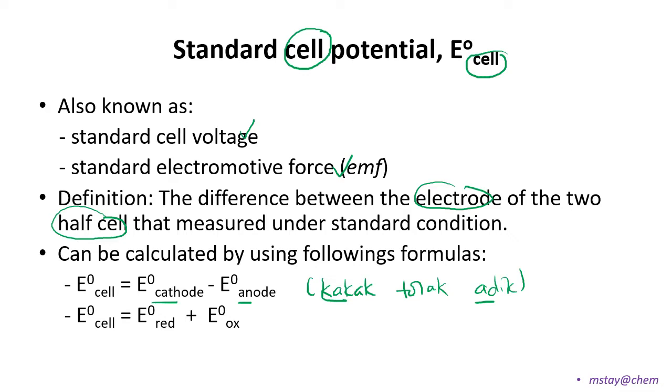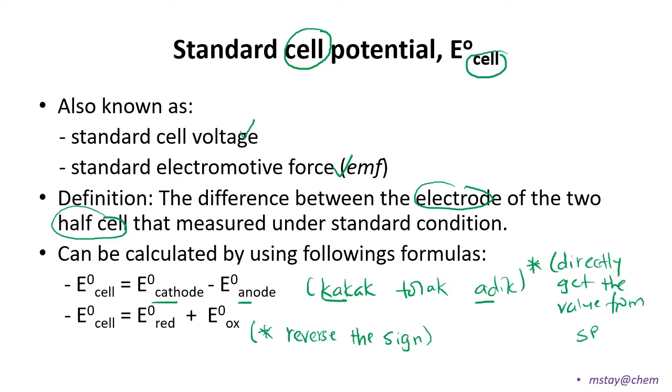Or another formula is E naught reduction plus E naught oxidation, where for this one you have to reverse the sign, while for the other you directly get the value from the SRP. No need to convert the sign.